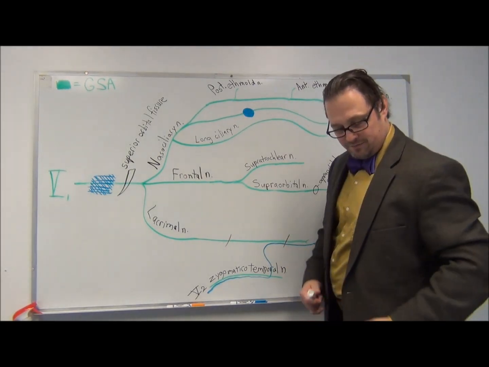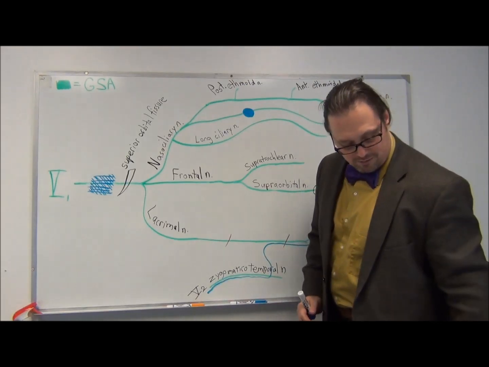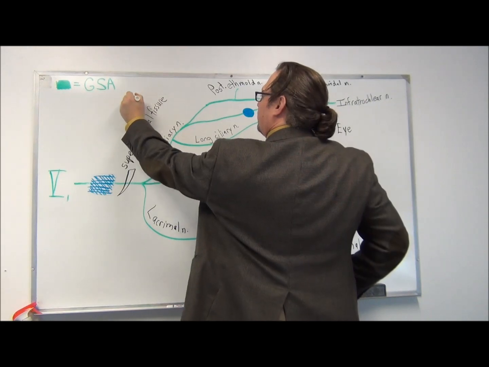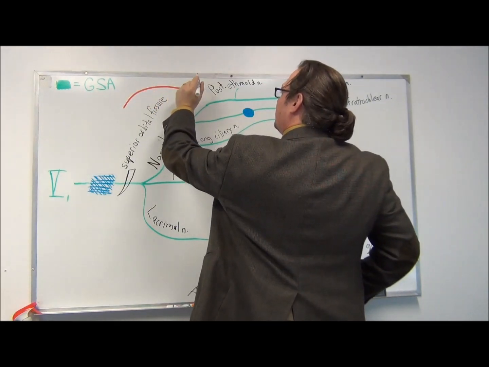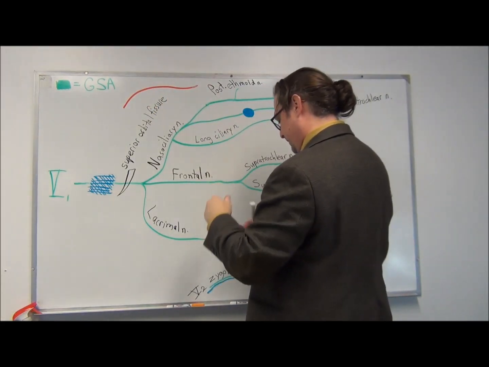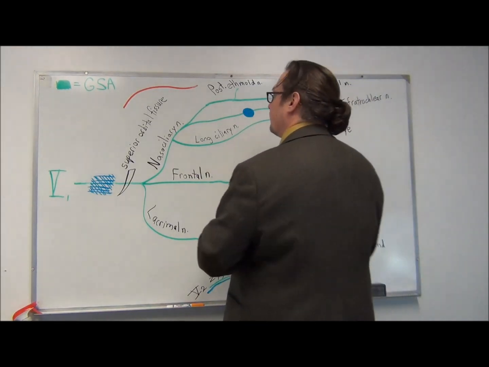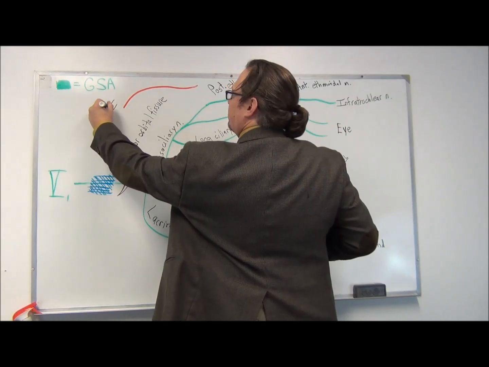In this case, we've got the nearby motor oculomotor nerve, and it's going to muscles of the eye. It's cranial nerve number 3.